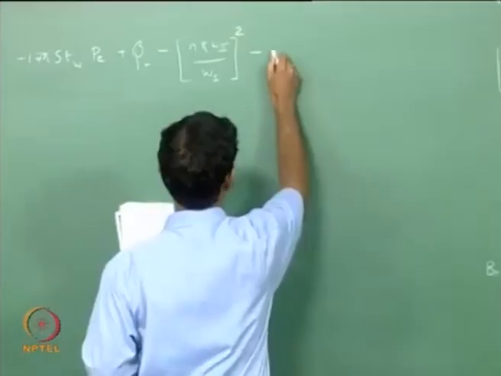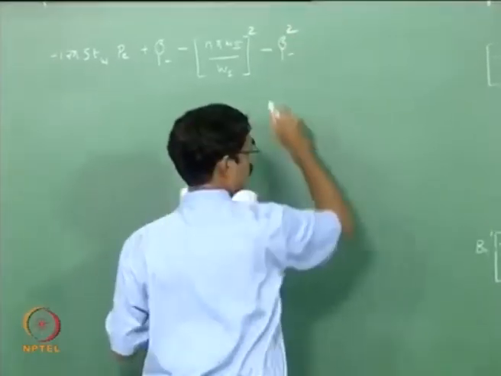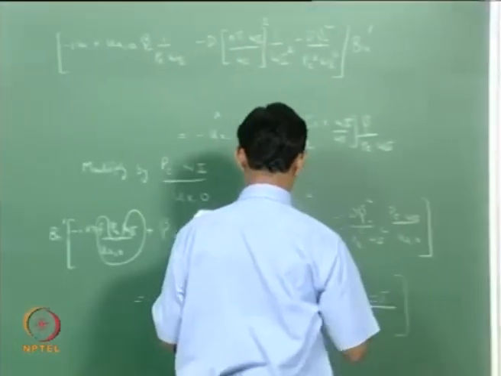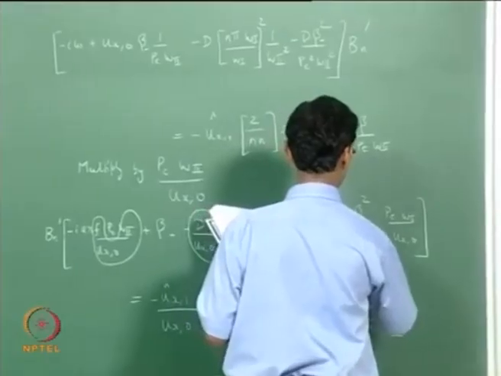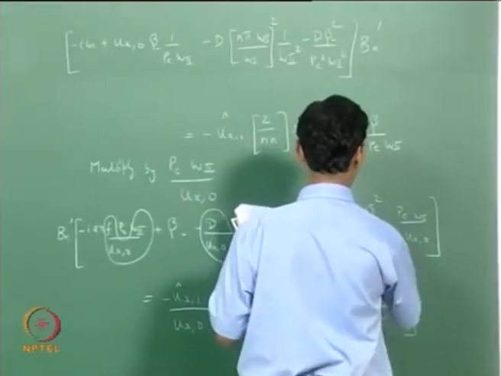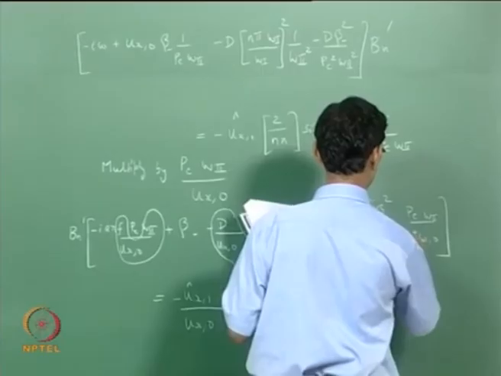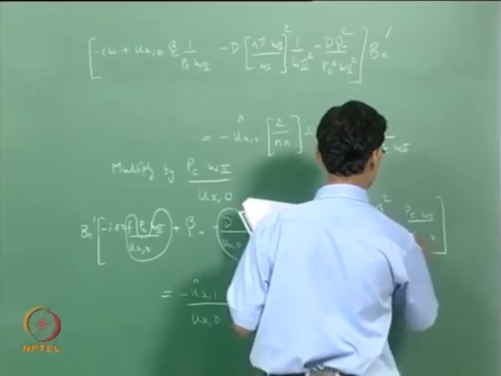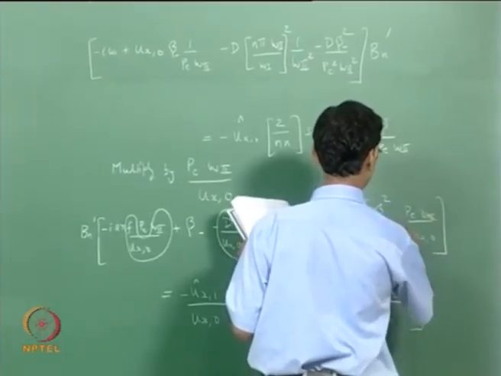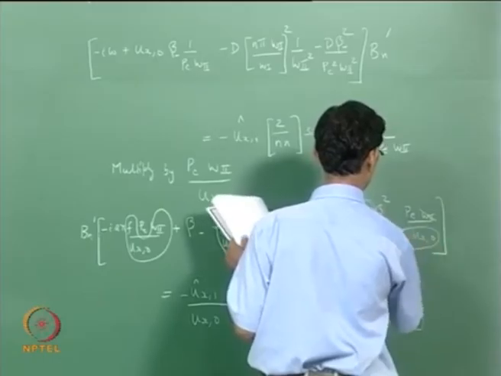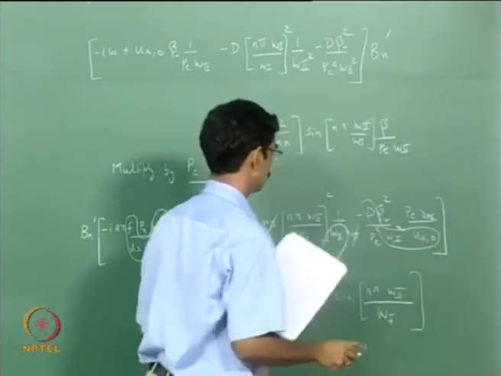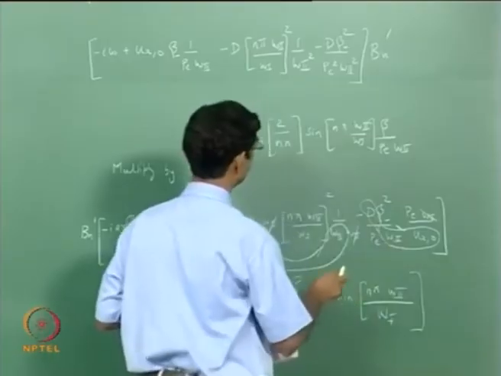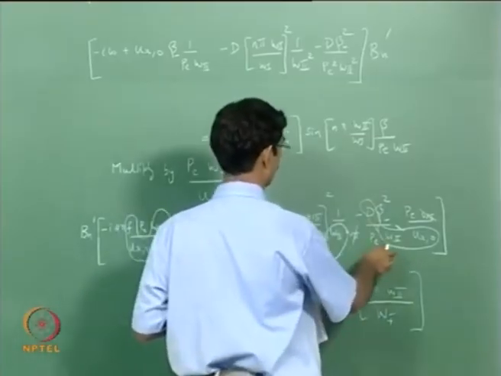We have the beta minus squared, and let's again club terms. So if we take d over, we cancel one of these W2s, and then we have this. What is this? One over Peclet number.